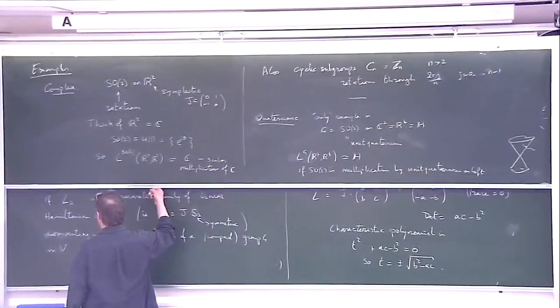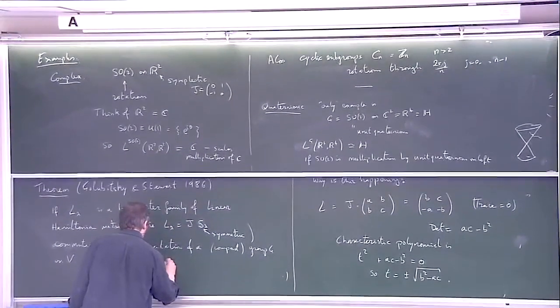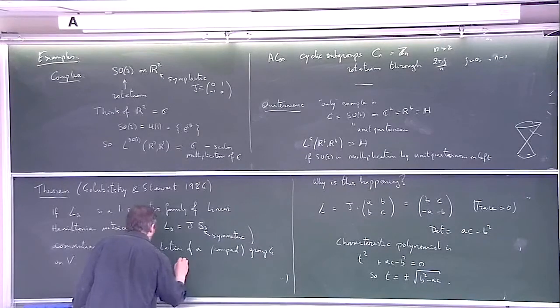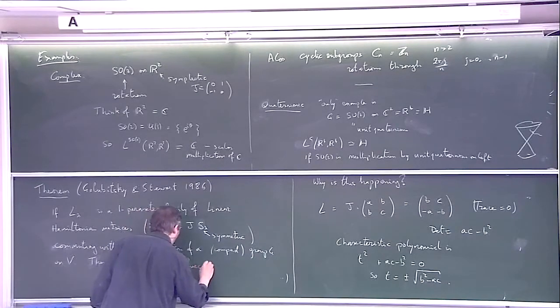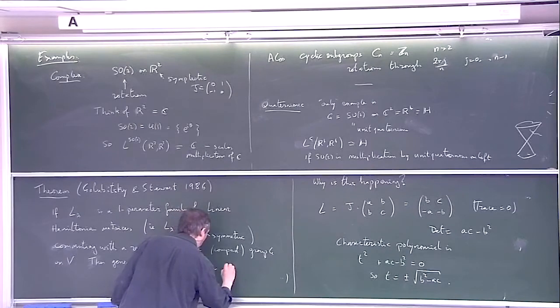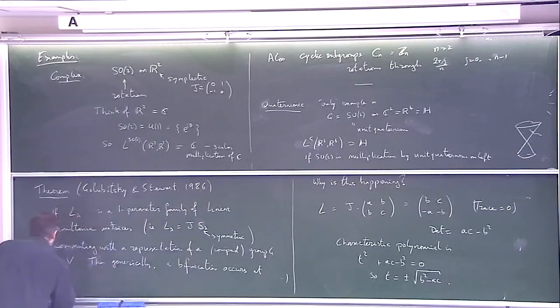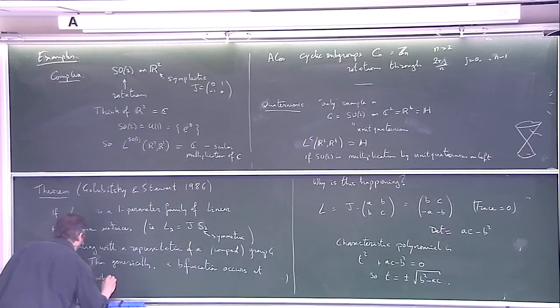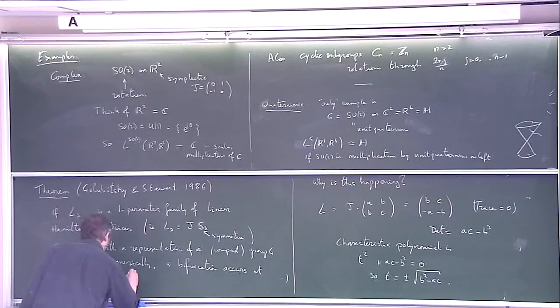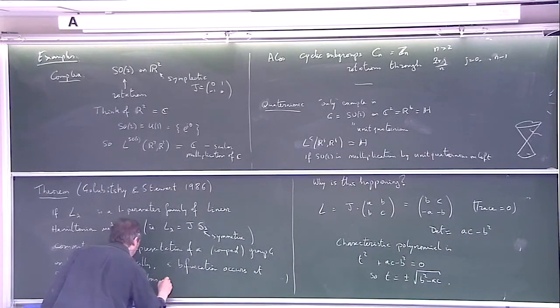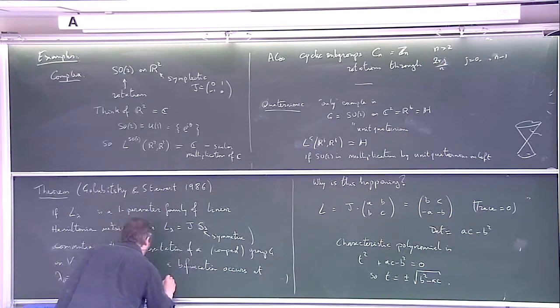A bifurcation occurs at lambda equals lambda 0, where L lambda 0 has a 0 eigenvalue.